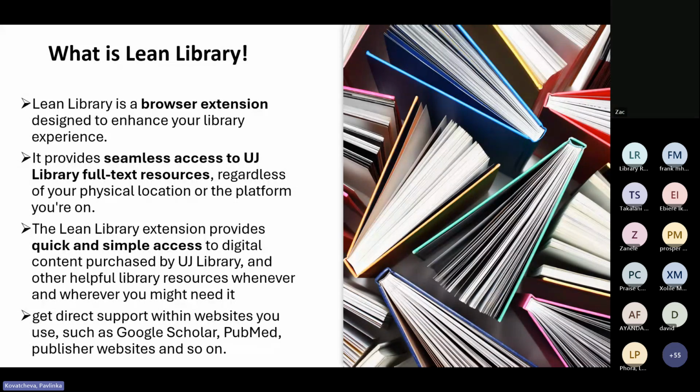Most of you, if you have a journal article, probably look at the references at the bottom of the article and would like to find the full text of some of the references because the citations are relevant to your research. And Lean Library can help you actually do that.